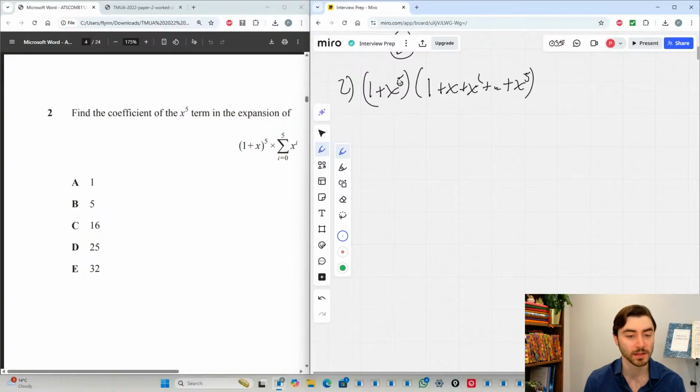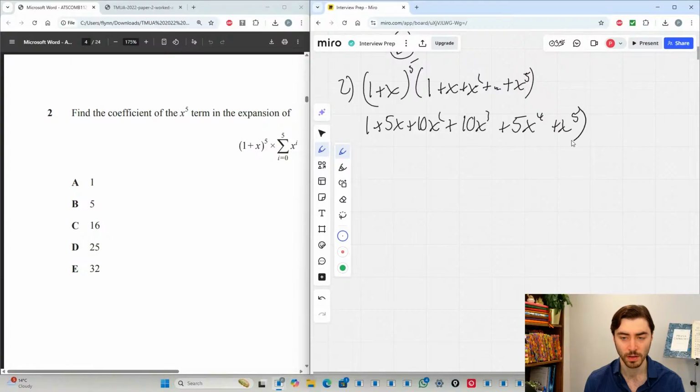So that's 1 plus x to the, sorry, I've written that out wrong. 1 plus x to the 5. Well, I can do my binomial expansion on that. That's 1, 5, 10, 10, 5, 1, knowing my Pascal's triangle. 1, 2, 3, 4, 5. There. Okay.